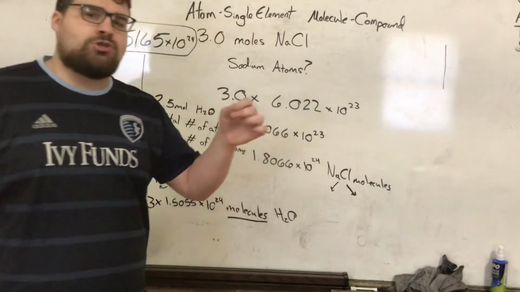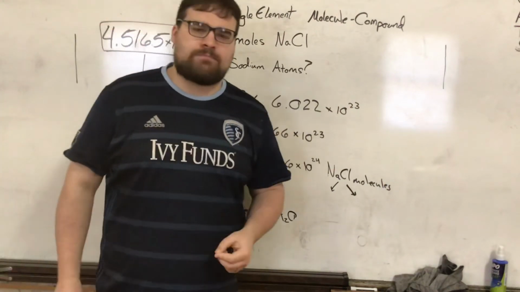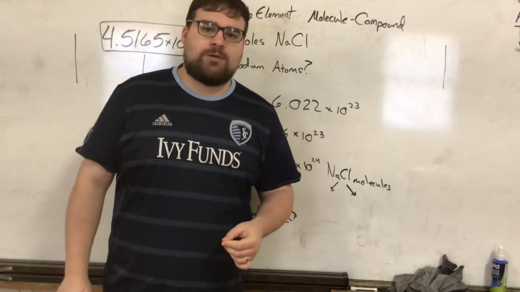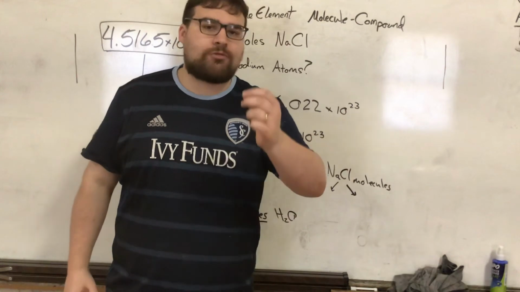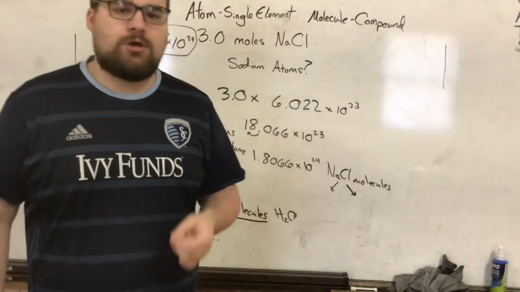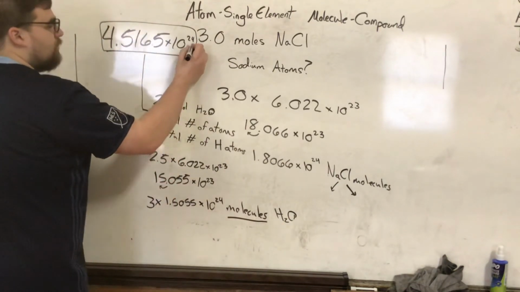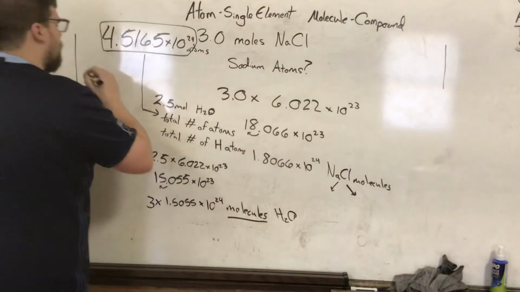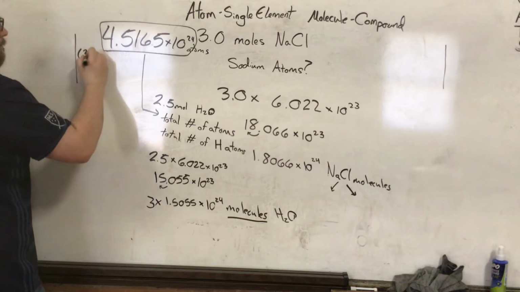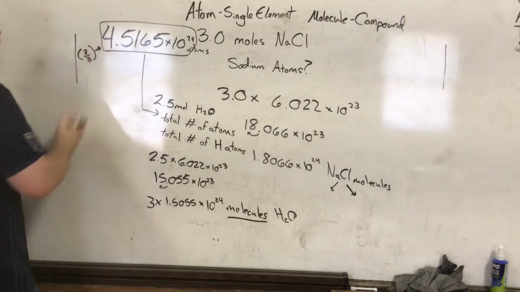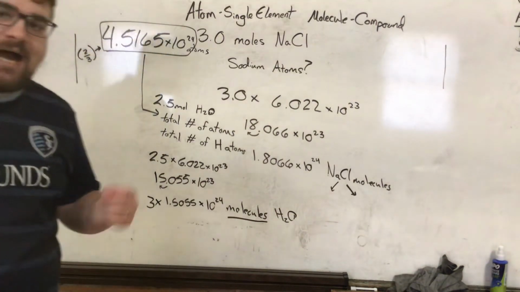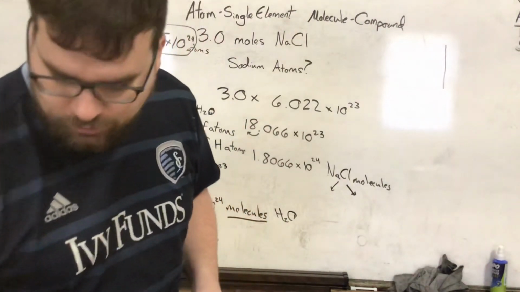So that means 2 out of every 3 atoms is a hydrogen atom. In other words, 2/3 of these atoms are hydrogen. So that's what we can multiply this by. We can multiply it by 2/3 to figure out how many hydrogen atoms there are.